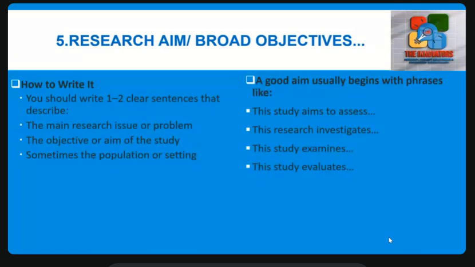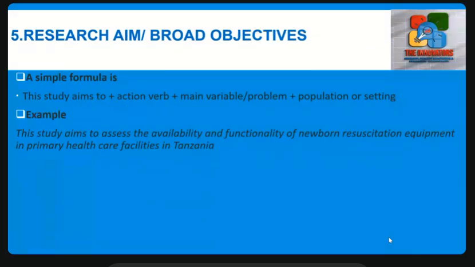How to write a good research aim or broad objective? You write in 1 to 2 clear sentences that describe the main research issue or problem, the objective or aim of the study, and the population or setting where the study is conducted. Let us look at a good formula: start with the aim, add an action verb, add the main variable, which is the problem, and the study population or setting.